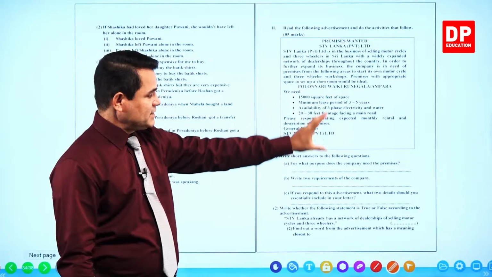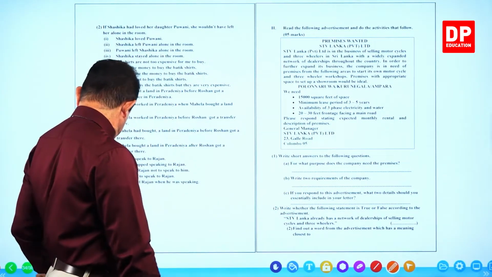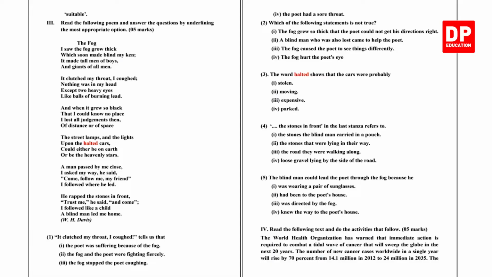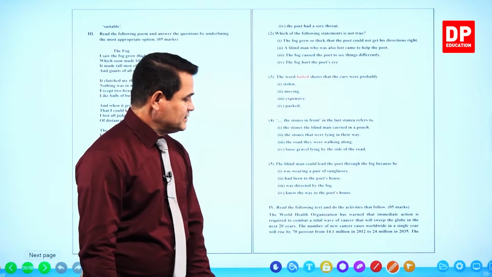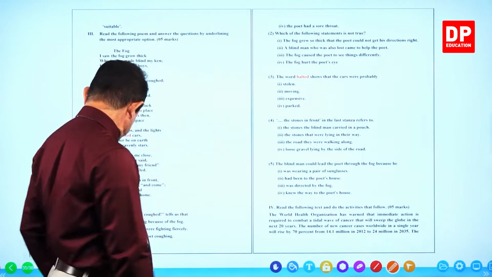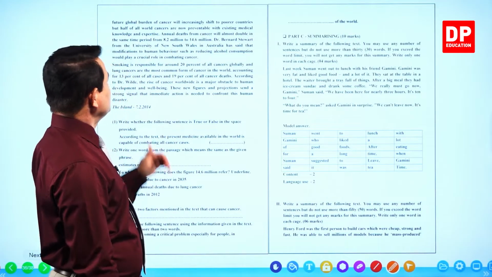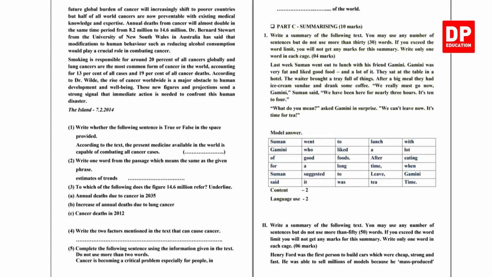And a poem, and some questions on it. And also once again another reading text. That is what you get in part B.